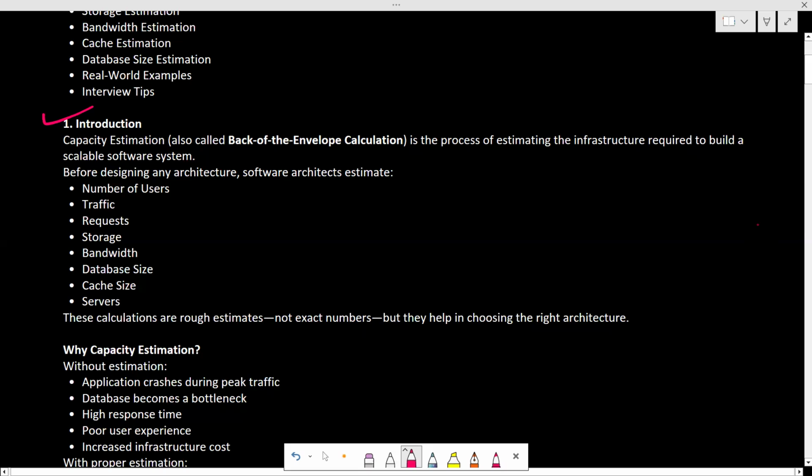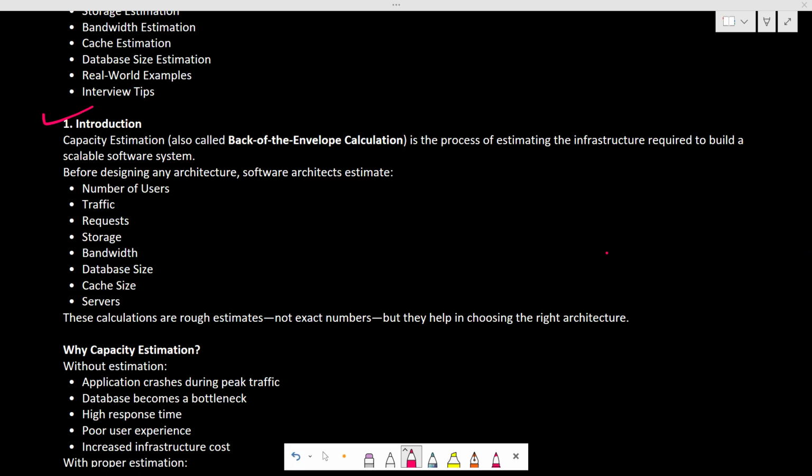So how the servers perform. These estimates help us choose the right architecture and avoid both under provisioning and over provisioning, right? So always remember these are rough estimates, not exact values, but they are sufficient for making architectural decisions.